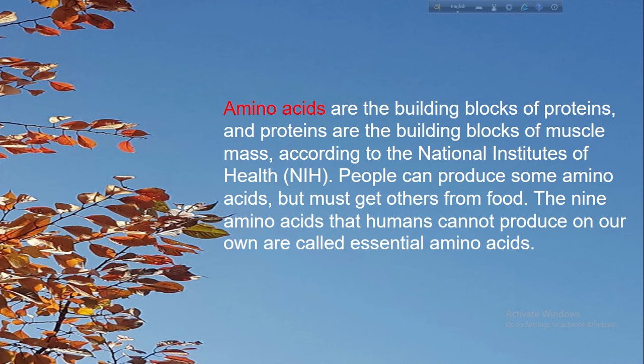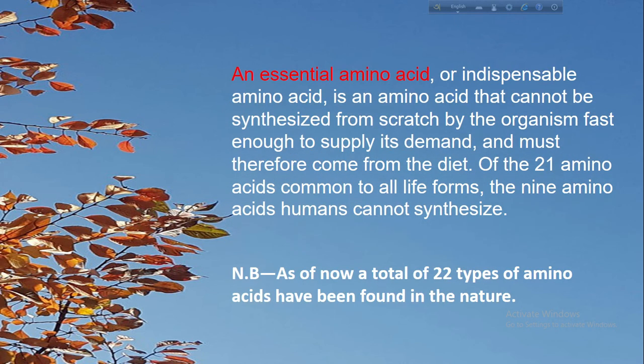Some amino acids we have to collect from food. The 9 amino acids that humans cannot produce on our own are called the essential amino acids. By the process of digestion, protein is turned into amino acids, suitable for the body to absorb.